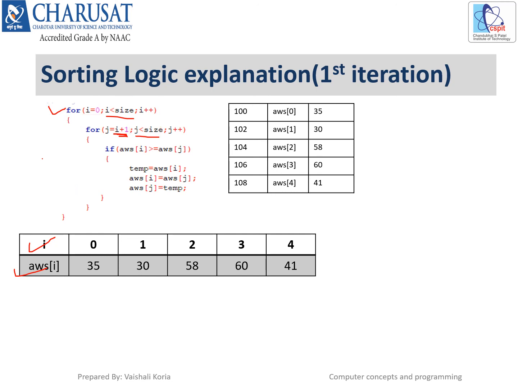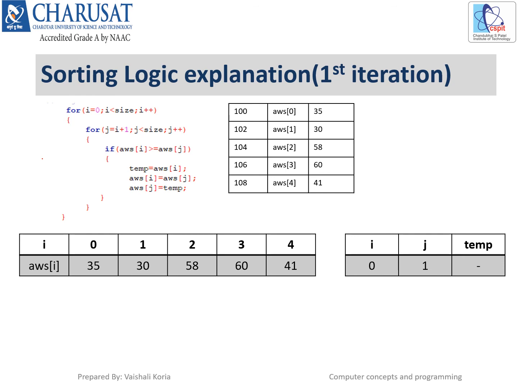If we see the first pass, or the first iteration of the outer loop, what happens? The value of i is equal to 0 and the value of j would be 1. The condition is true, j is less than 4, meaning 1 is less than 4, and arr[i] and arr[j] would get compared. So i is equal to 0, j is equal to 1, meaning these two values would get compared.